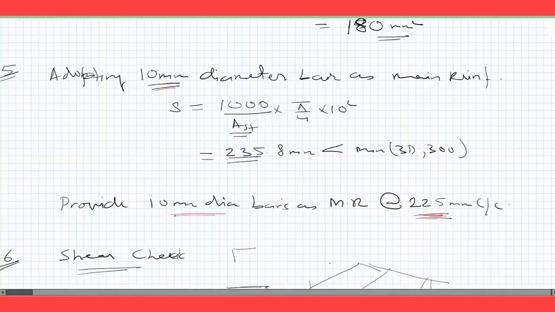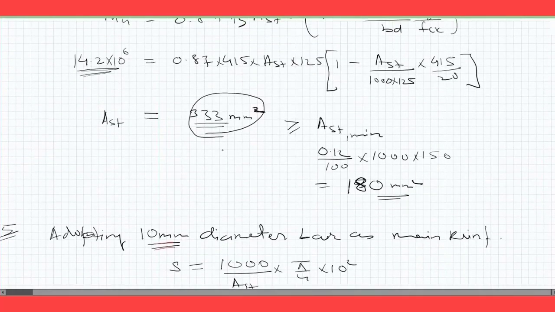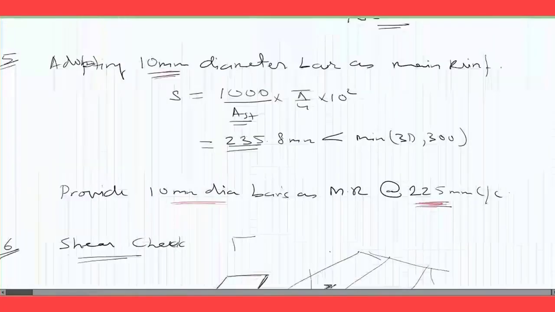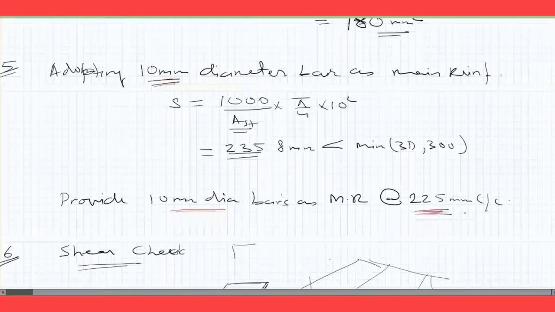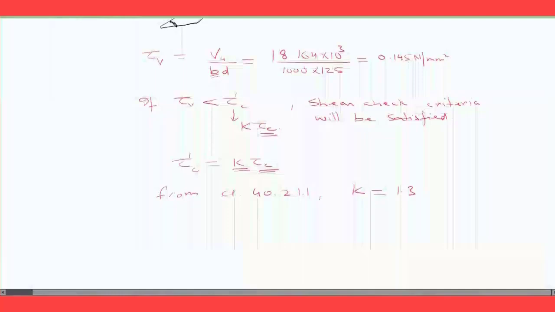This is your provided steel, and required steel is 333 millimeter square. This is AST required, and you are providing 10 mm dia at 225 mm center to center. So provided steel is more than required.